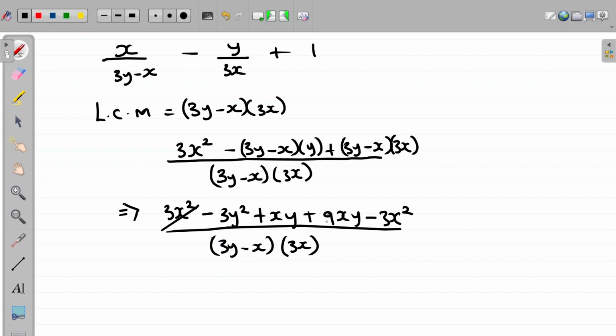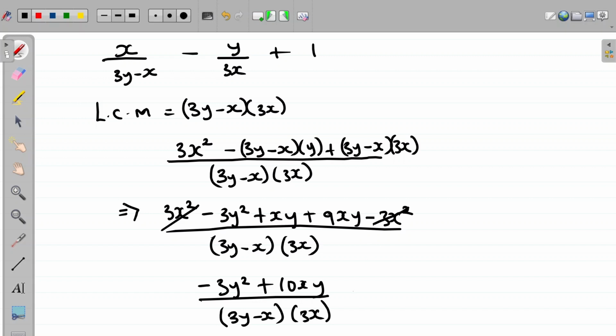3x squared, we cancel out negative 3x squared, and plus xy plus 9xy is equal to 10xy. So our expression becomes minus 3y squared plus 10xy, all divided by 3y minus x multiplied by 3x.